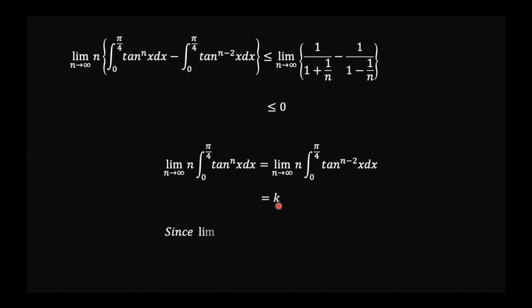Since we saw that the limit as n tends to infinity of n times the integral of tan to the power n of x from 0 to pi over 4, plus k, is equal to 1, and we've now shown that this limit is also k, it means that k plus k is equal to 1, and 2k is equal to 1. Therefore, k is equal to 1 over 2.